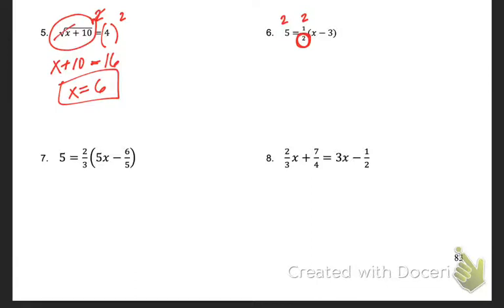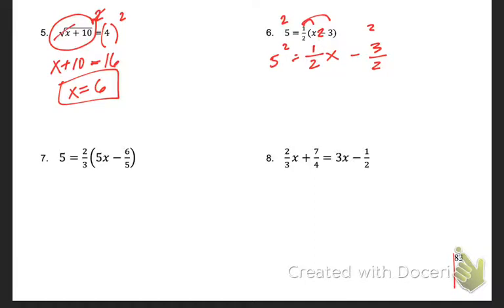However, if you did this the long way, so if I distributed this 1/2, I'd have 1/2 x minus 3 over 2. And so then I multiply everything by 2 here, and then obviously the 5 by 2.